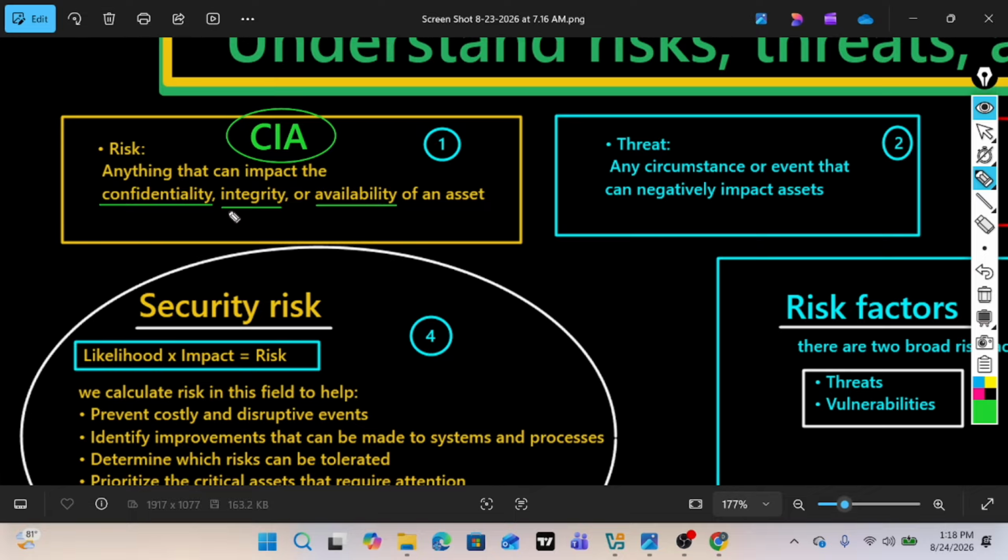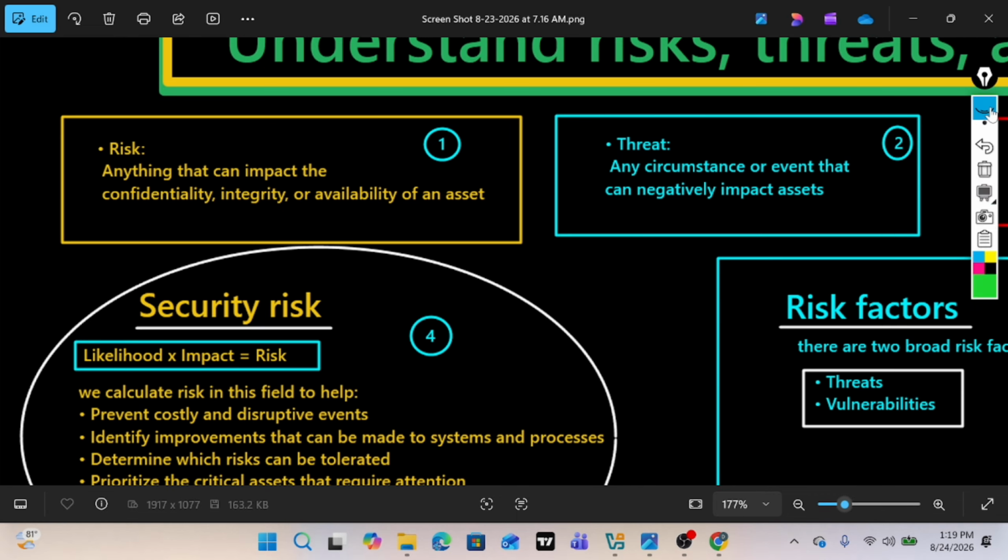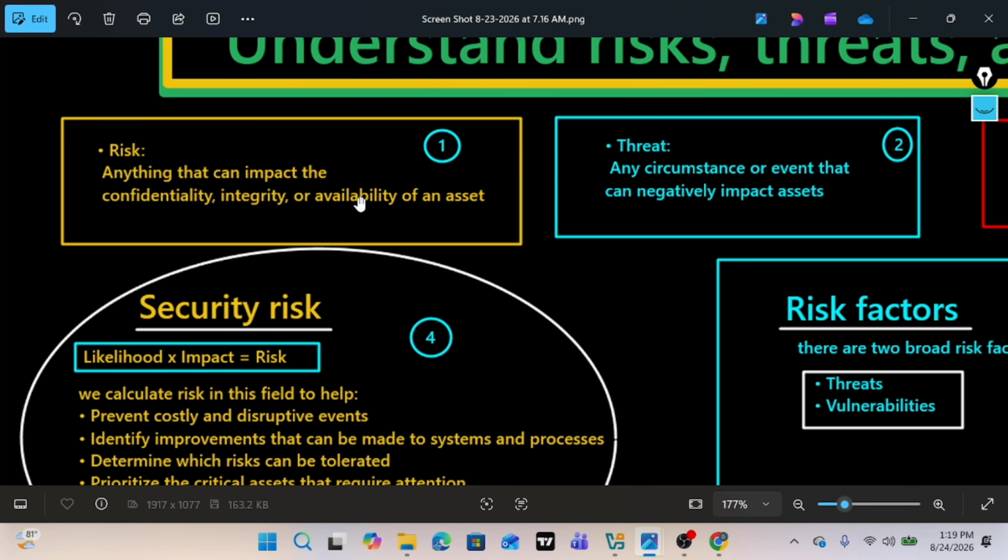Then you failed completely. So confidentiality, integrity, and availability of an asset must all be maintained for our goal in cybersecurity to be fulfilled. And so anything that has the ability to impact the CIA of an asset, and of course, an asset is anything that is valuable to an organization. There is no simpler way to explain risk than this.